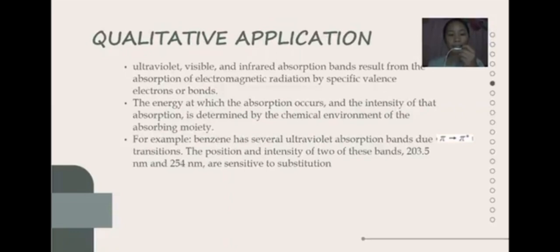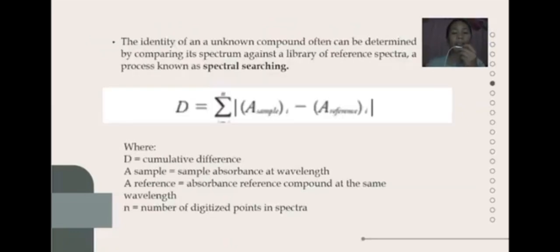An unknown compound can often be identified by comparing its spectrum against a library of reference spectra, a process known as spectral searching.